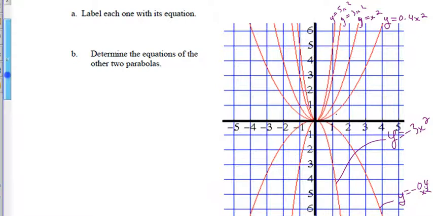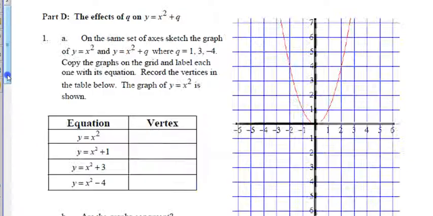Should have been 3, 9, but it was 3, 4.5. It should have been 4, 16, but it's 4, 8. Then that tells me my a value is a half. If it was a quarter, it should have been 4, 16, but it was 4, 4. So you can tell by basing it on the stretch.